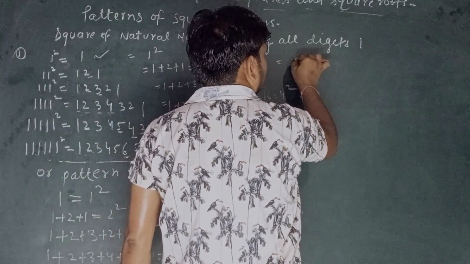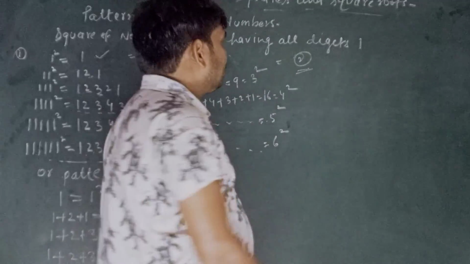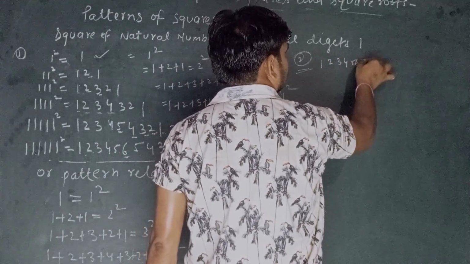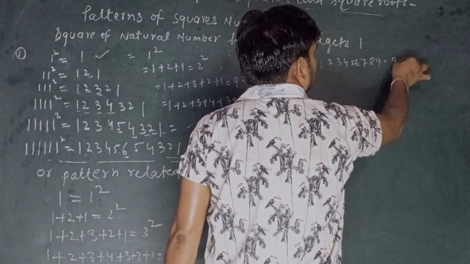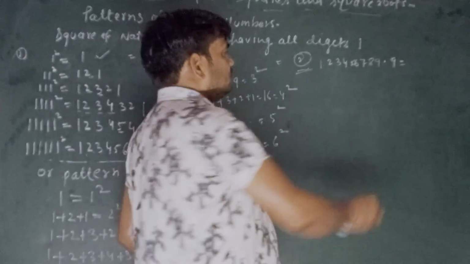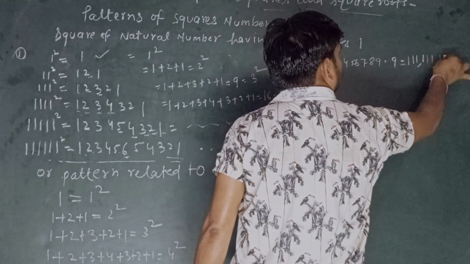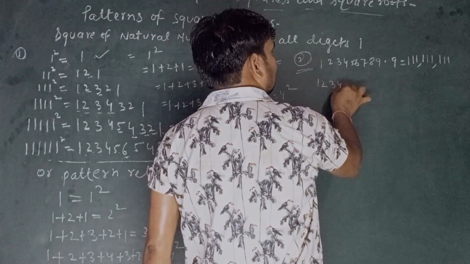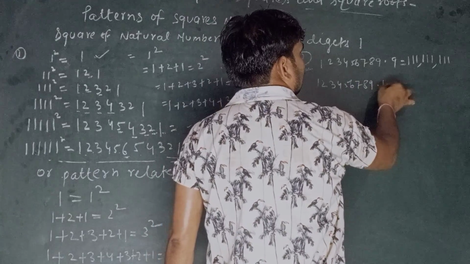We can calculate these patterns: the number 1 2 3 4 5 6 7 8 9 multiplied by 9. So we get 1 1 1 1 1 1 1 1 1. In the same way, 1 2 3 4 5 6 7 8 9 multiplied by 18.